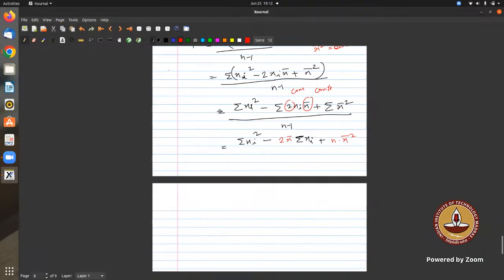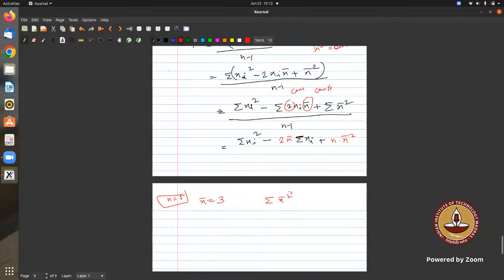Okay, I'll take an example. Let's say my x bar is 3. I'll take the summation of x bar square, say 5 times, because in our example n equals 5.